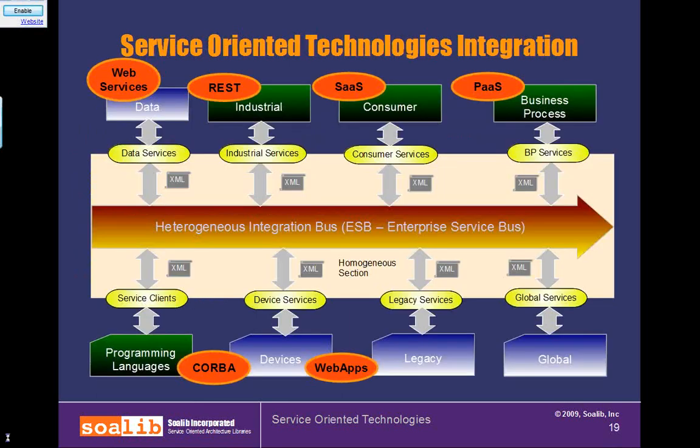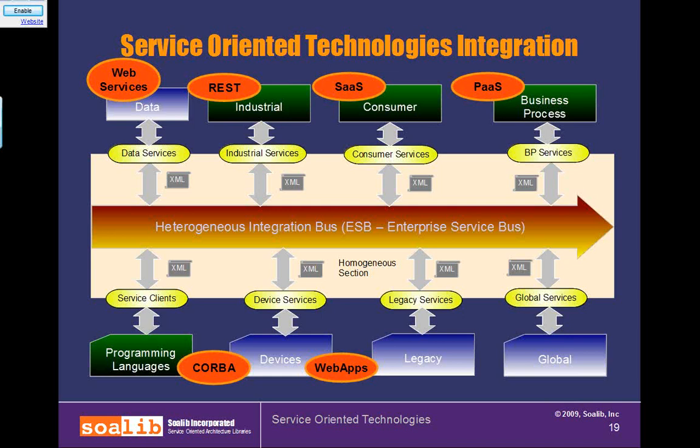And in this slide, I'm explaining what service-oriented technology integration really looks like. Whether somebody is using web services, REST, SaaS, PaaS, CORBA, a web application, or just a simple old legacy application, it does not really matter.